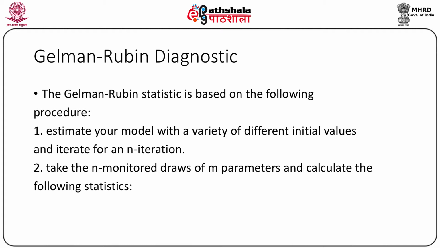The Gelman-Rubin diagnostic statistic is based on the following procedure. We estimate the model with a variety of different initial values and iterate for an n iteration burn-in and an n iteration monitored period. We take the n monitored draws of m parameters and calculate the statistic.